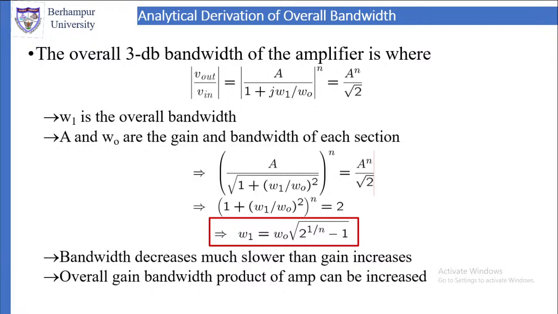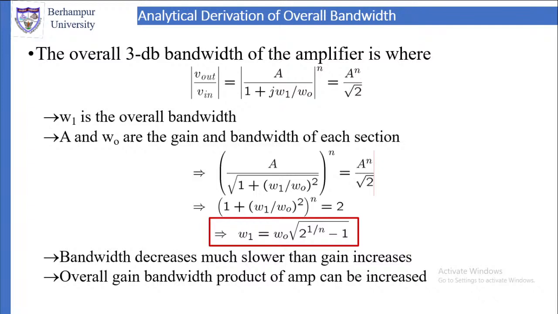Now if you equate both sides, we get 1 plus omega 1 by omega 0 whole square to the power n is equal to 2, or omega 1 is equal to omega 0 root of 2 to the power 1 by n minus 1.